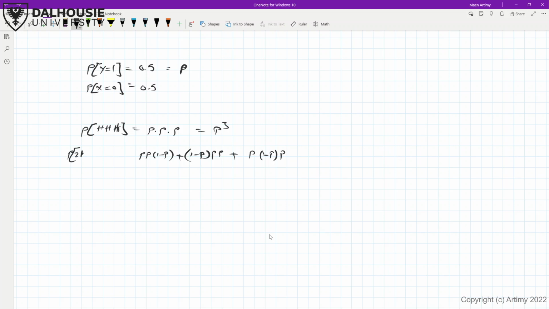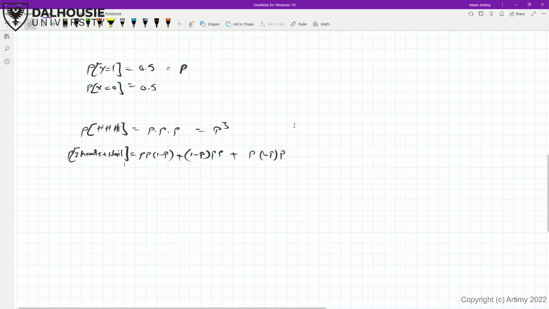Probability of 2 heads plus 1 tail: as we saw in the previous recording, the probability will be 3 out of 8.